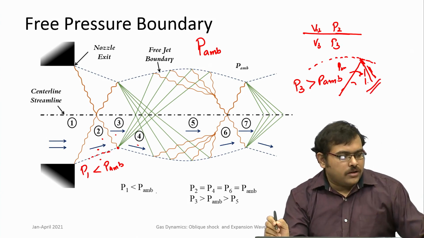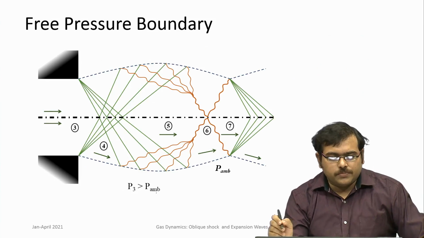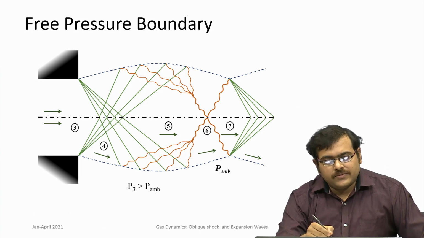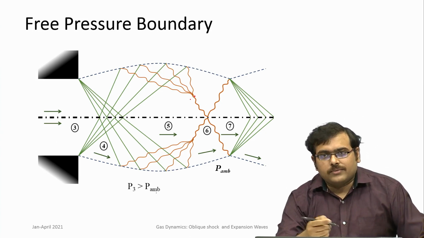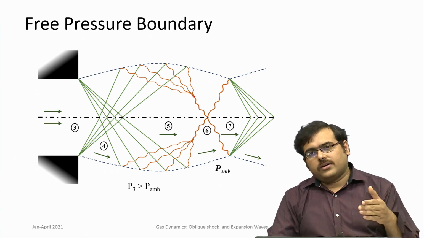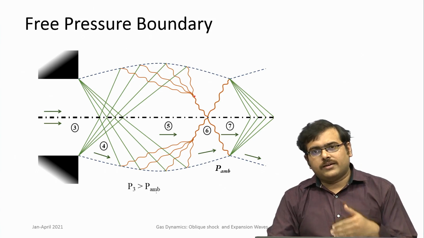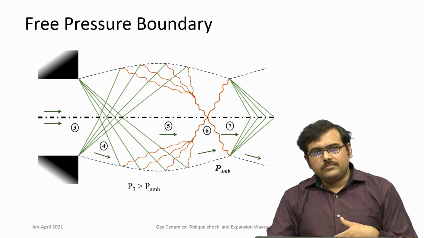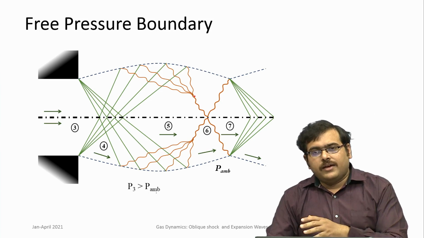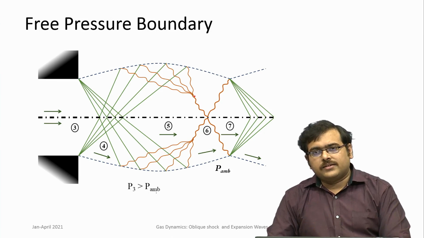Okay. The vice versa holds good. Expansion waves, when they interact with the free pressure boundary, lead to the formation of compression waves which can coalesce together to form a shock. So, when a shock interacts with a solid wall, it reflects as a shock wave. When it interacts with a free pressure boundary, it reflects as an expansion wave; it changes its character.